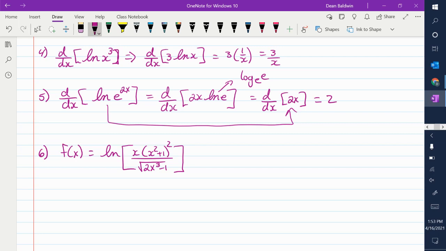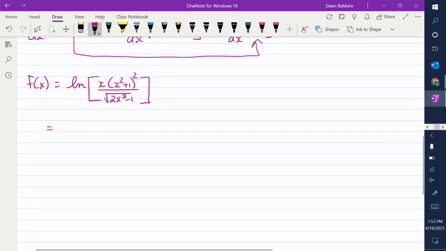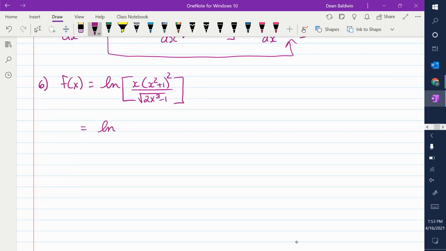Because if you're logging two numbers that are being multiplied, that's the same as what? Adding. So we can rewrite this. So first of all, the top is being multiplied, right? So I can rewrite it as natural log of x plus natural log of x squared plus 1 all squared.